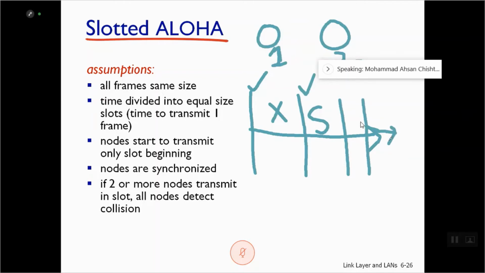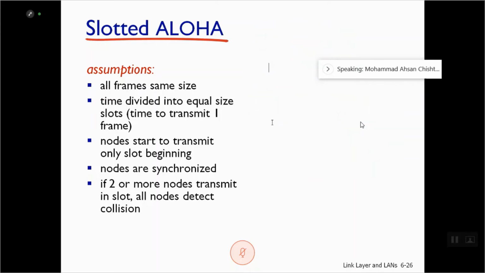And the next one, node 1 had to send something, but was not able to. You can have empty slots, you can have collisions, and you can have successful slots.